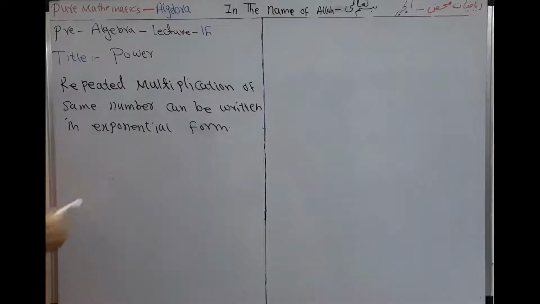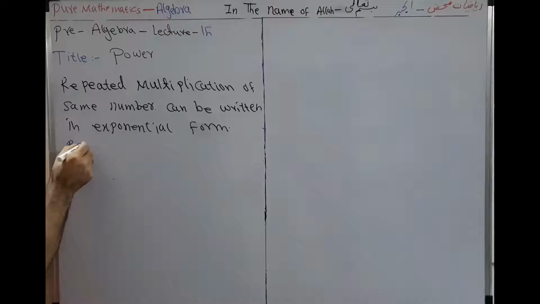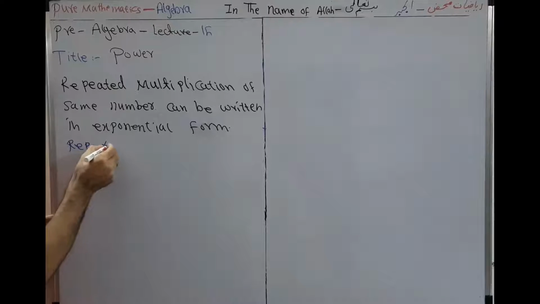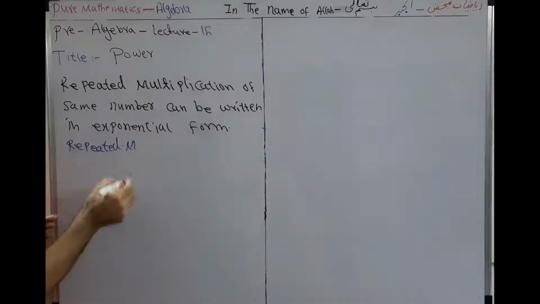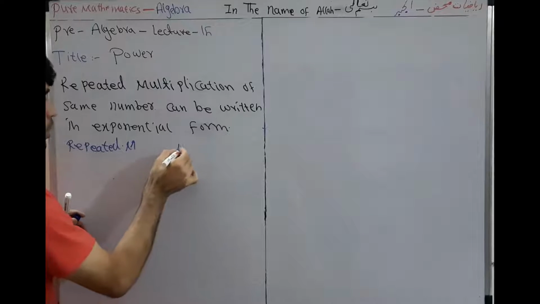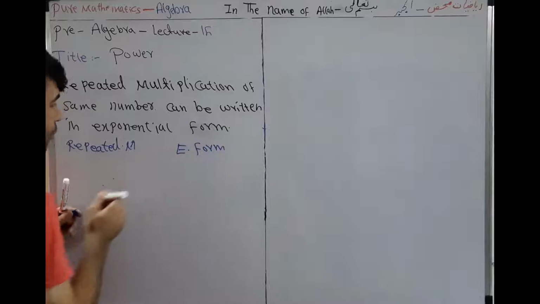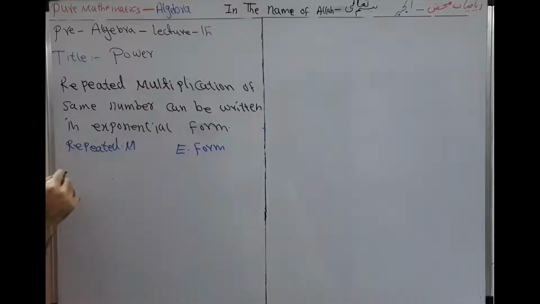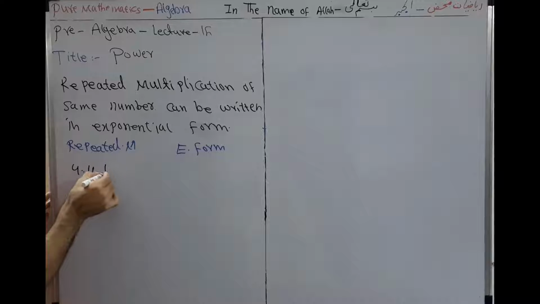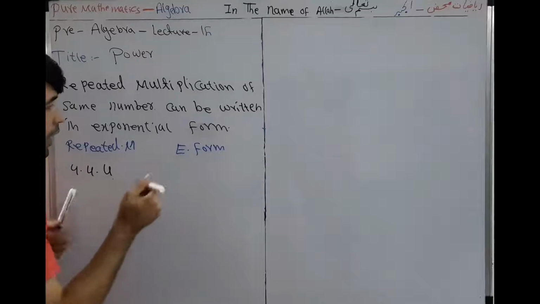We want to write repeated multiplication in exponential form. If we have 4 into 4 into 4, we can write it in exponential form.